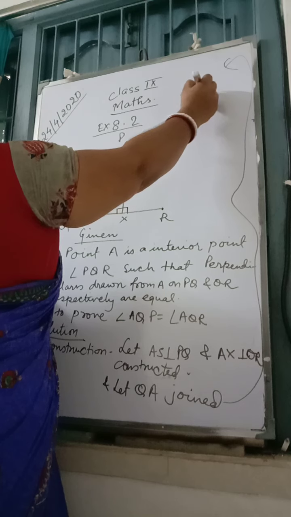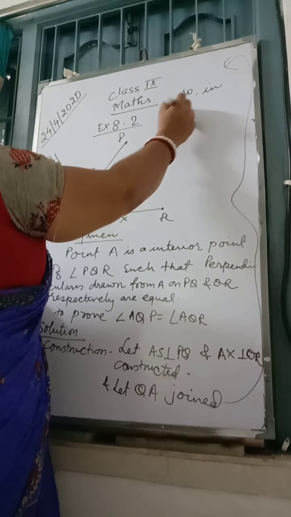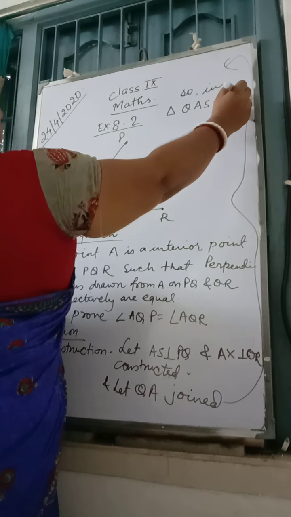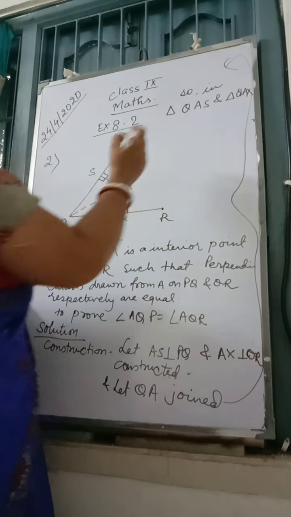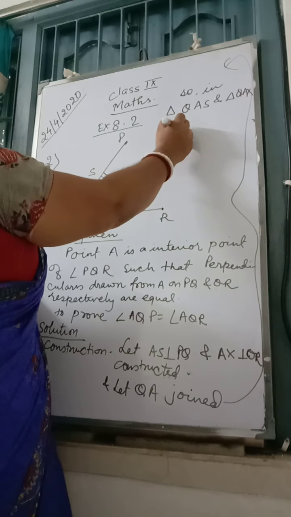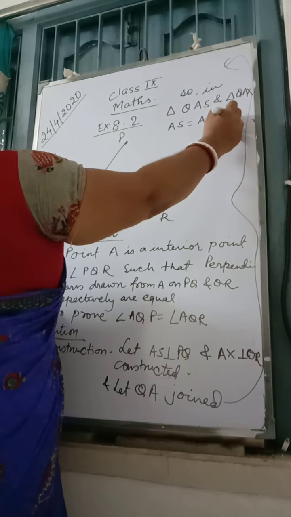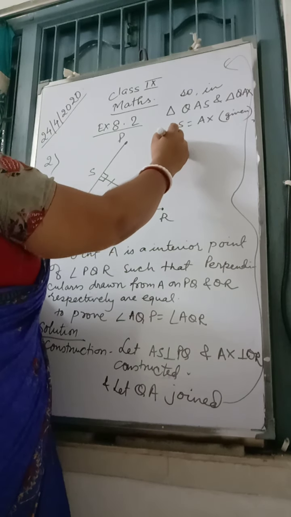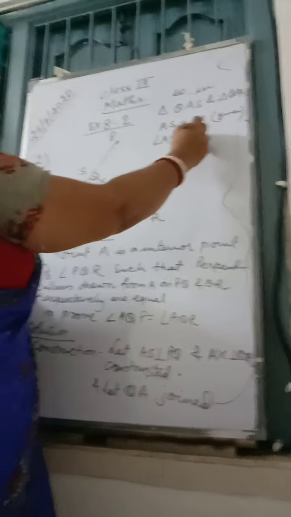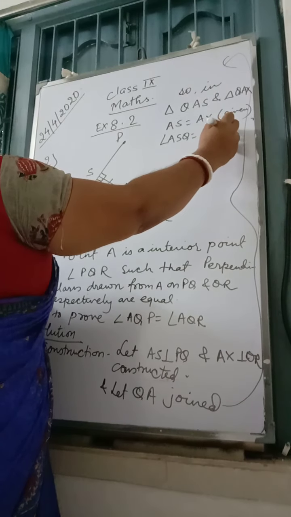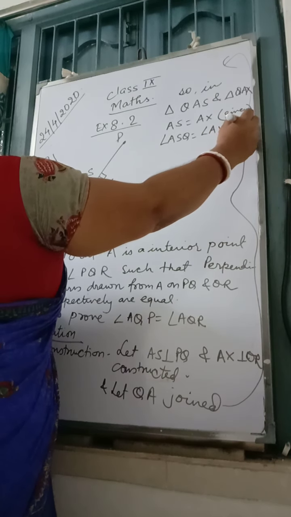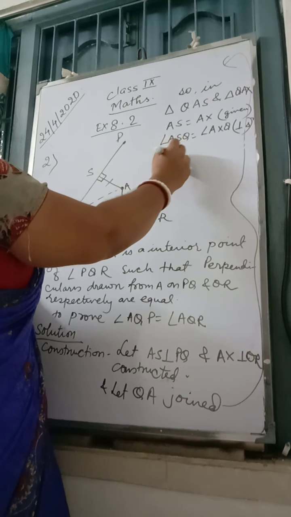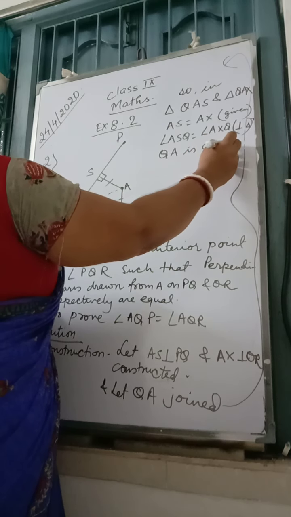So in triangle QAS and triangle QAX, AS is equal to AX. It is given. Is it? Angle ASQ is equal to angle AXQ. It is perpendiculars, and QA is common.